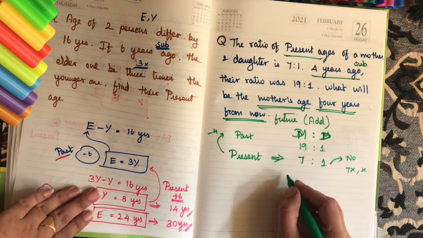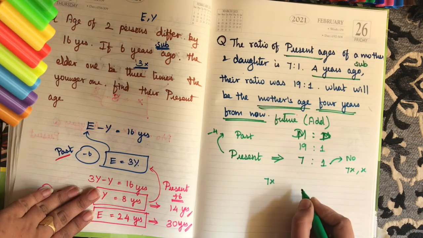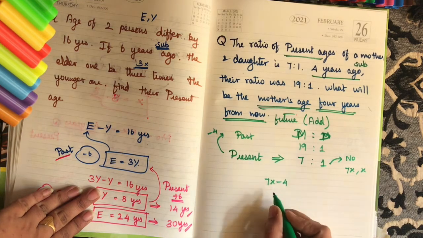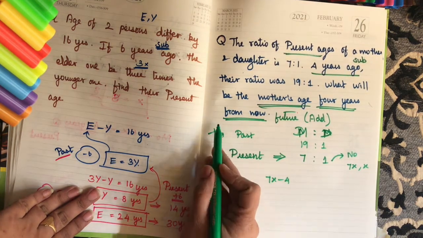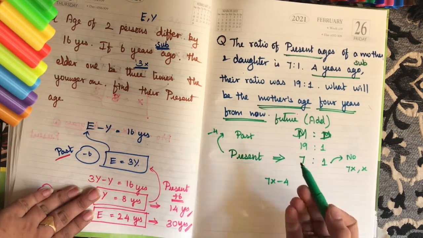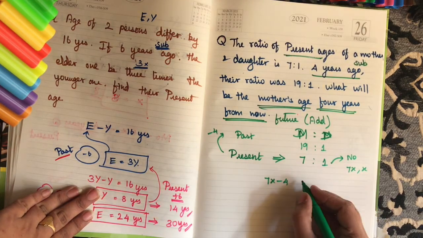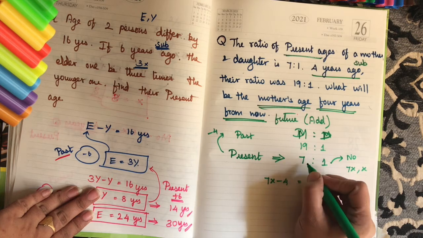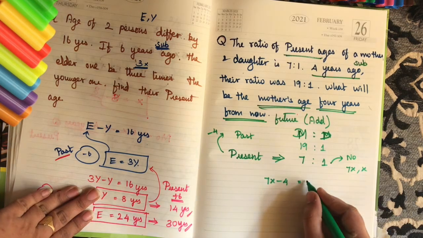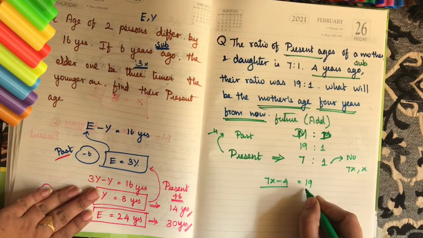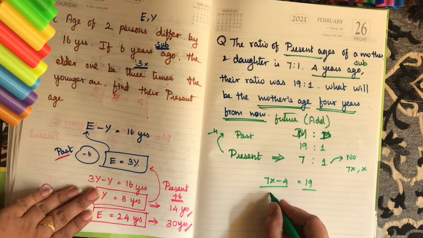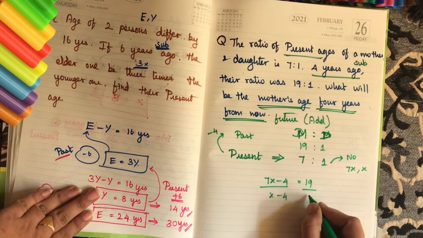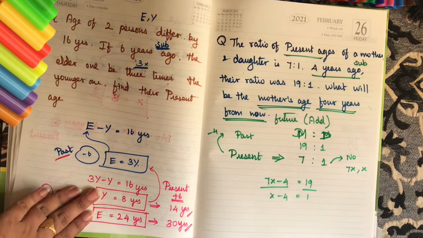Okay, let's do that. So 7x minus 4. Why is it minus 4? Because 4 years ago. So 7x minus 4 divided by x minus 4 equals 19 by 1. So this is the thing.